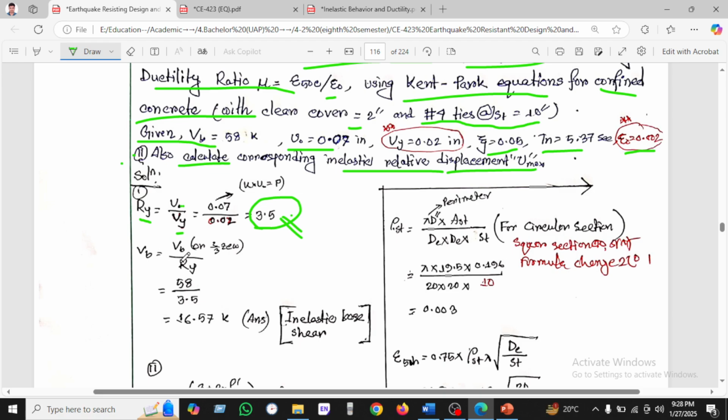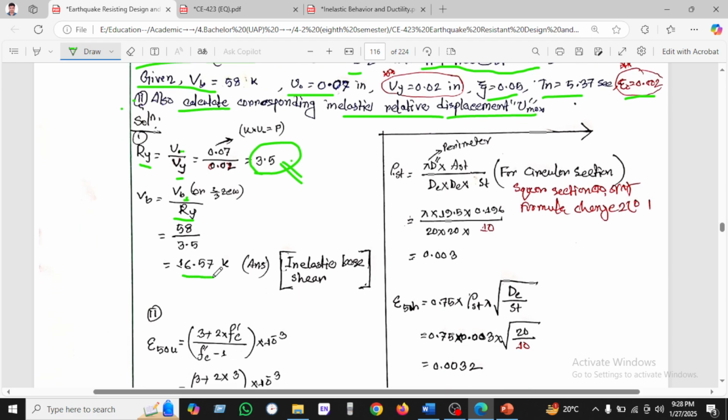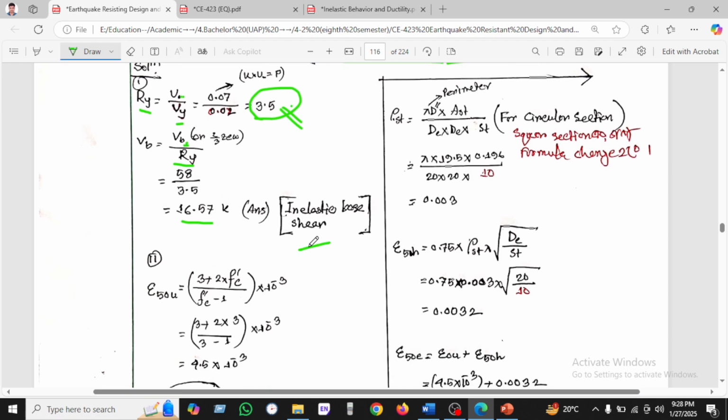And b equal to b naught, or it will be found base shear for 2/3 ZIC from, and divided by ry, seismic response modification factor ry, and found 16.53 kip. This is the inelastic base shear, we can say.